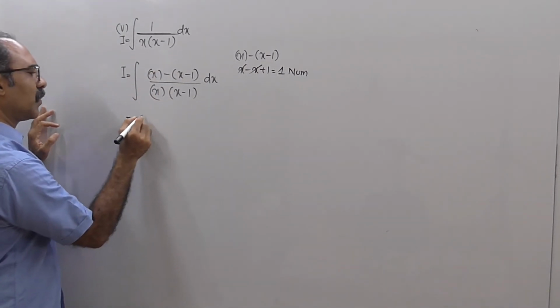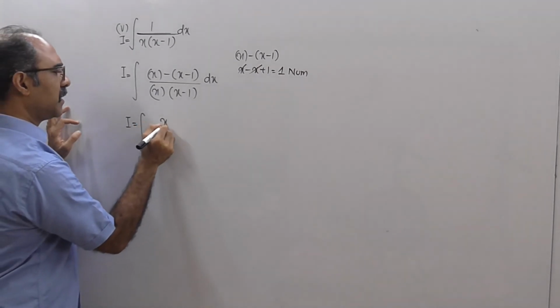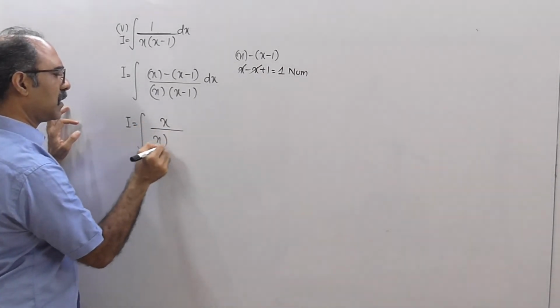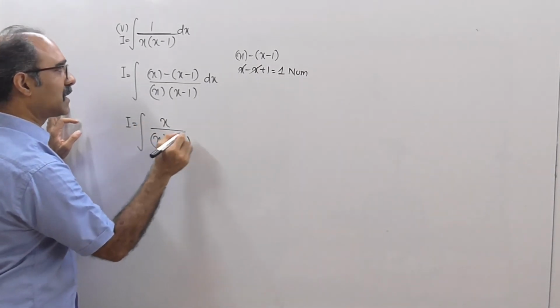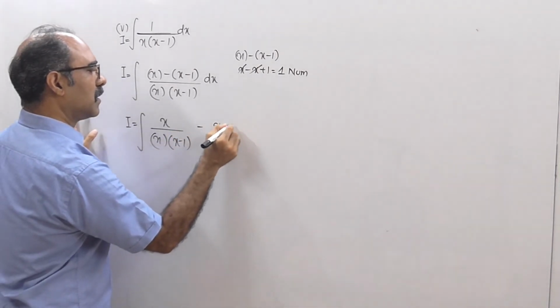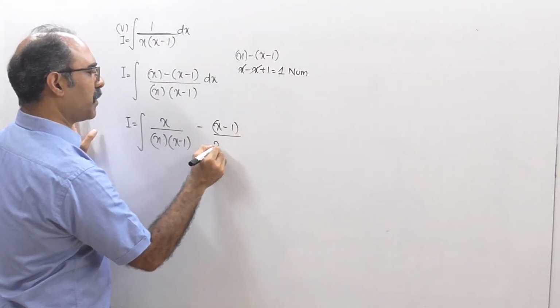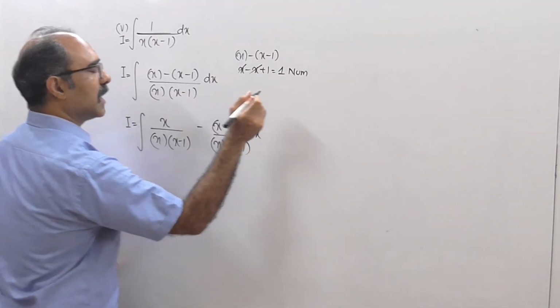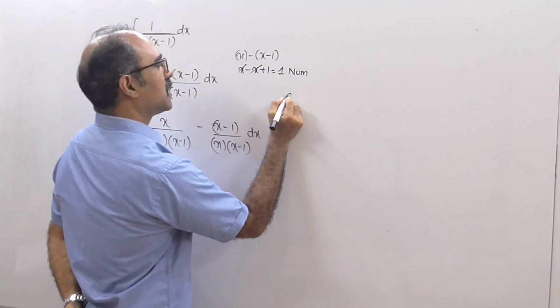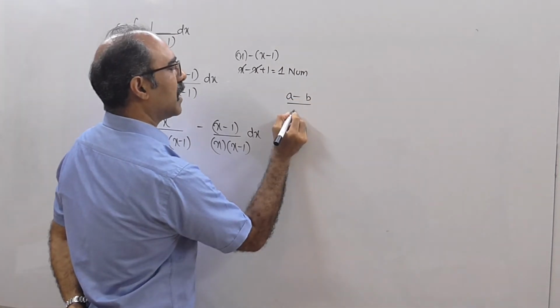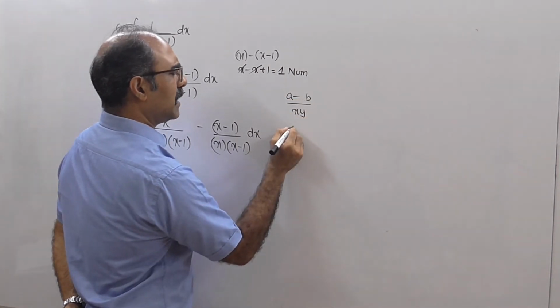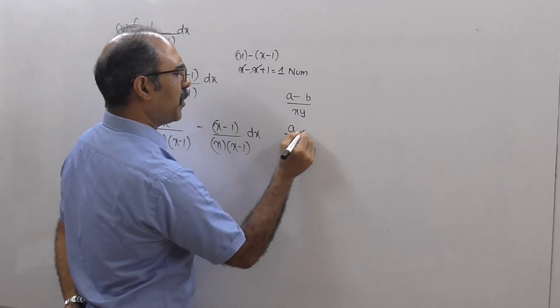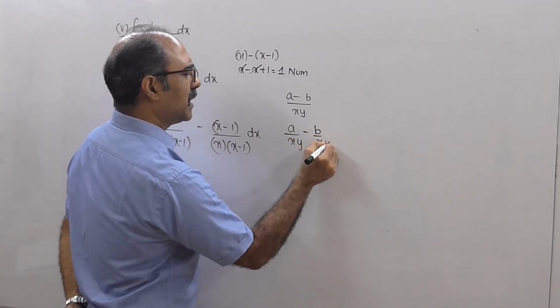So you will have I equal to integration, write this as x upon x into x minus 1, minus x minus 1 upon x into x minus 1, dx. I'll teach you how to remember. See, suppose you have got a minus b upon xy. I think I can write it as a upon xy minus b upon xy.